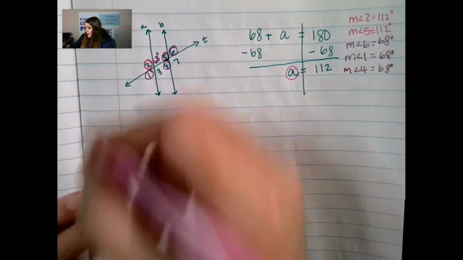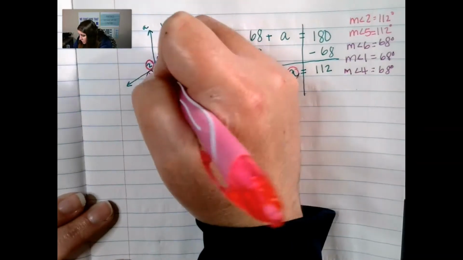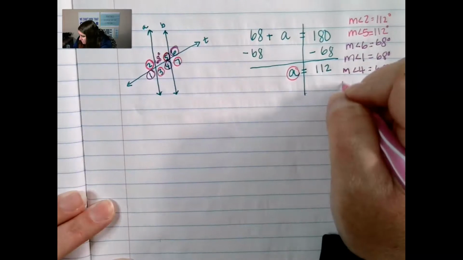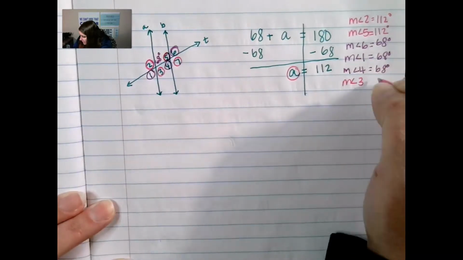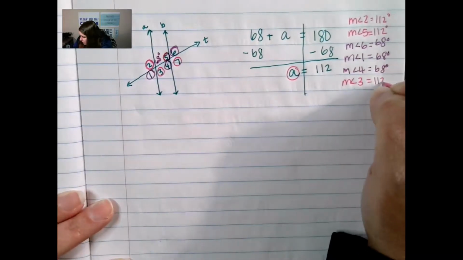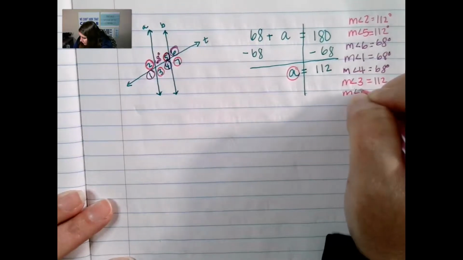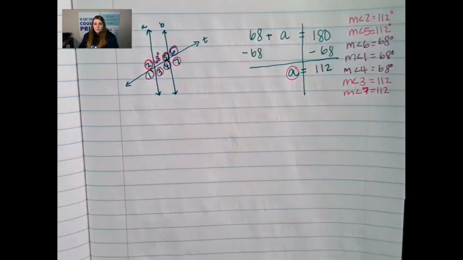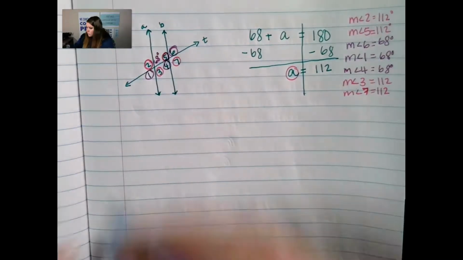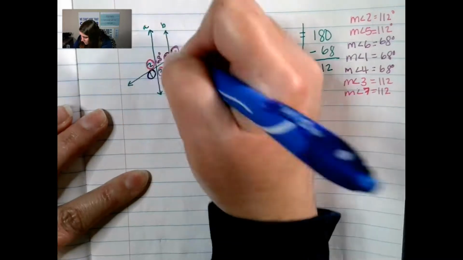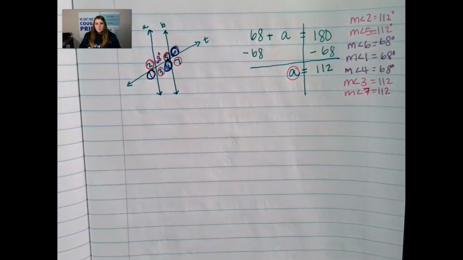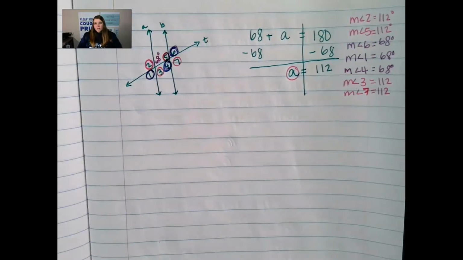So now what I have left, these guys: the measure of angle 3 is 112, and the measure of angle 7 is 112. I'm going to go back over this with a different color so it stands out. There we go.